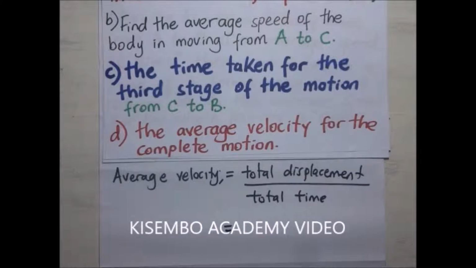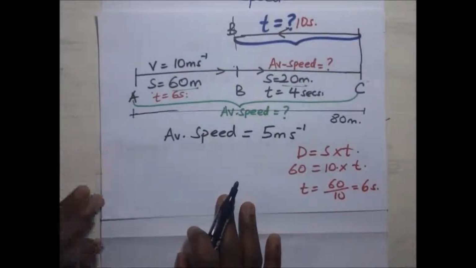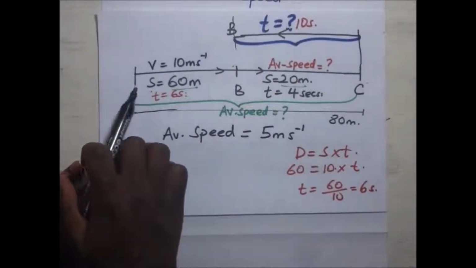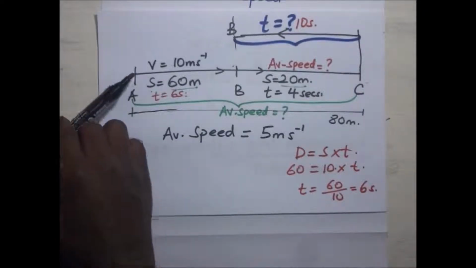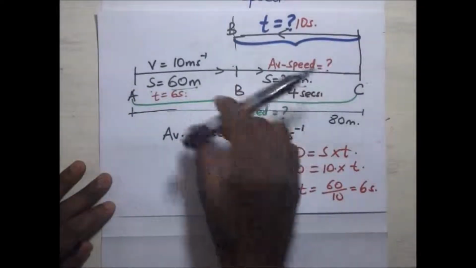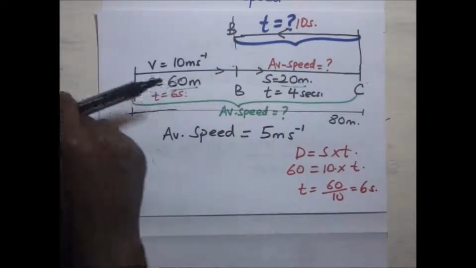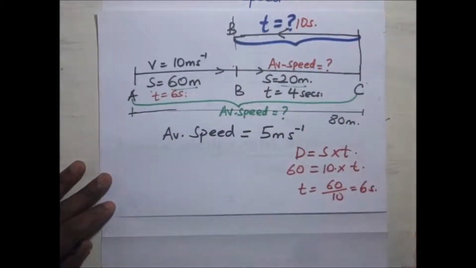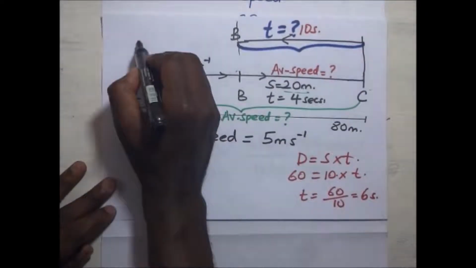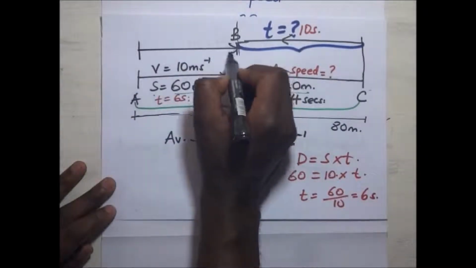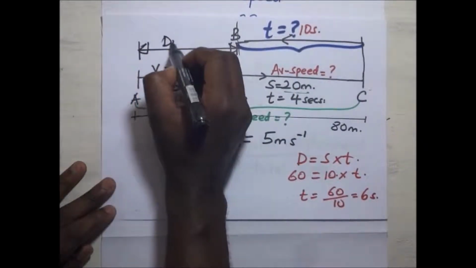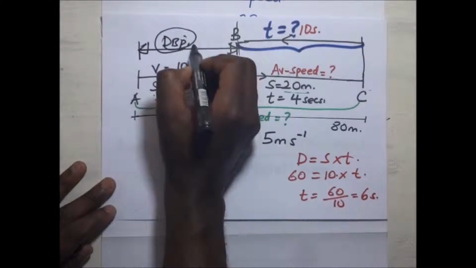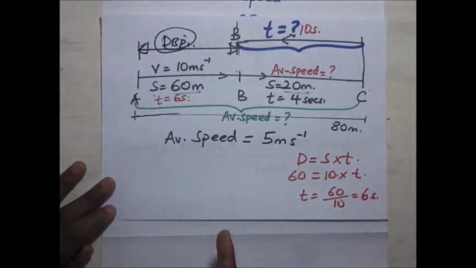Of course, according to our diagram, the object moves from A to B to C in that direction, then comes backwards. So it's the positive direction minus the distance. Our displacement is moving from here up to there.